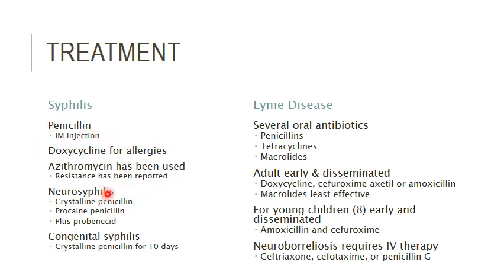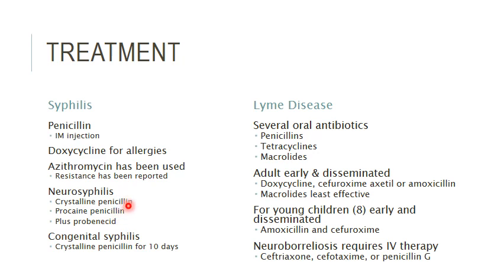Once you move to neurosyphilis, they use different formulations of the penicillin because it has to be able to get into the cranial cavity, into the central nervous system. Now, a pharmacist would be able to tell you the difference between these, I don't think it's that important to you, except to note that it's not just an intramuscular injection. It's a different situation altogether.